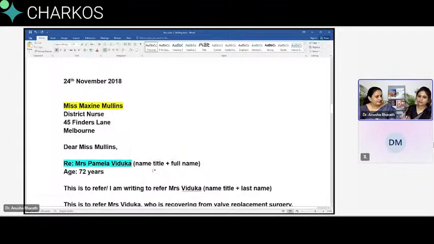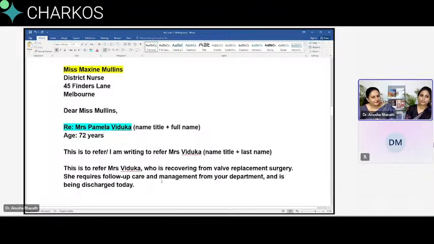And that's the reason you don't have to mention the full name again in the subsequent paragraphs. You don't have to. You'll just have to say Mrs. Viduka. As I said, the name, title, and the last name should suffice. You don't have to necessarily be saying the same thing, because that is mere repetition.